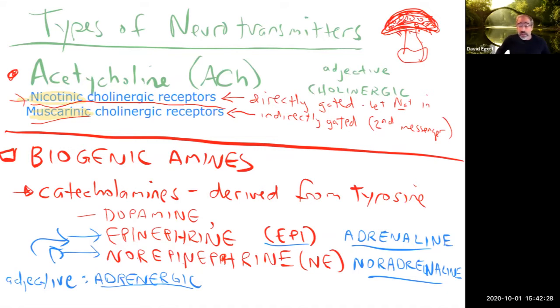There are a large variety of adrenergic receptors. There are alpha adrenergic receptors. There's alpha 1, there's alpha 2, there's beta adrenergic receptors, and there's a couple of those.